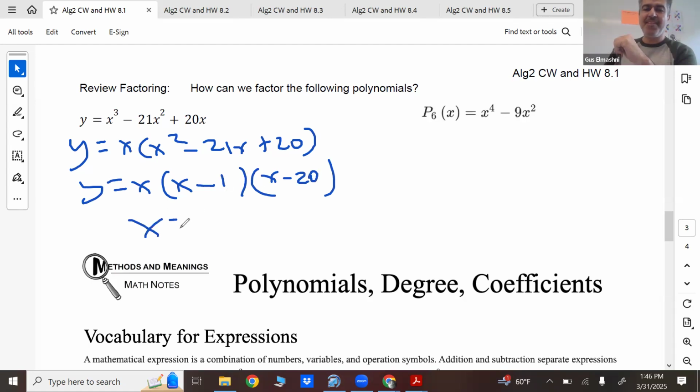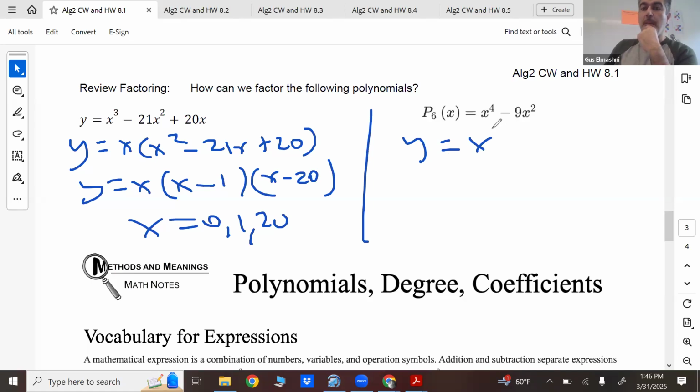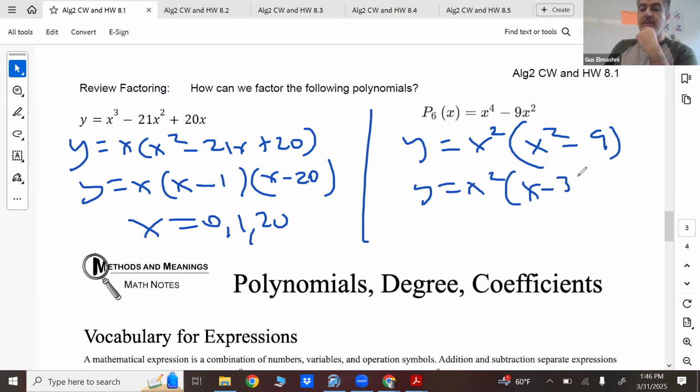It's okay. We'll give you a chance to redeem yourself. What's common here? X what power? Okay, what's left behind after I pull out x squared? X squared minus 9. Can't break that down further. It's a difference of squares.